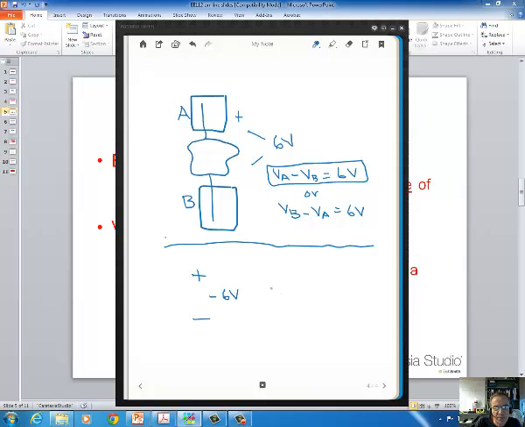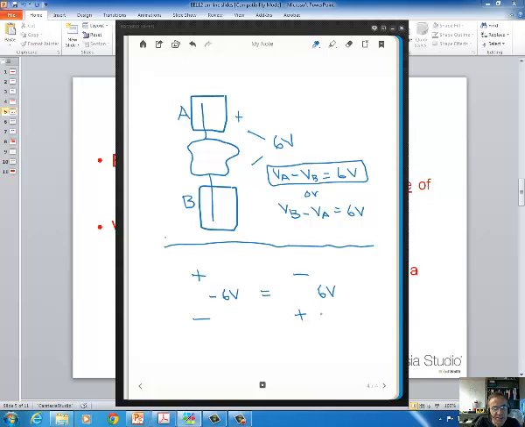One meaning of a negative voltage is that the negative sign just tells me that the polarity being shown is actually opposite of what it really is. So if I have plus minus like this, minus 6 volts, that's the same as the opposite polarity with a positive 6 volts.